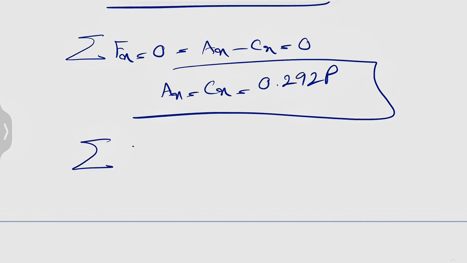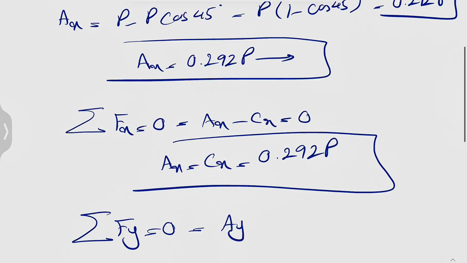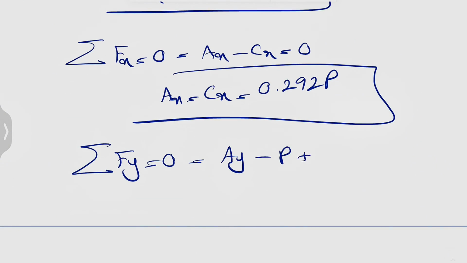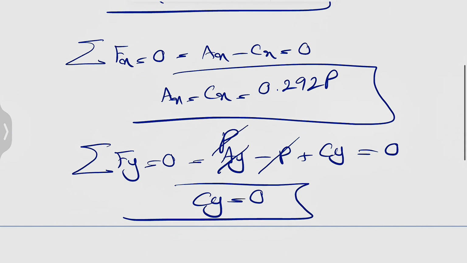The last unknown is Cy. Sum of all forces in y equals 0. We have Ay, which was upward, minus P plus Cy equals 0. Ay is P, so this will be 0, which means Cy is equal to 0.